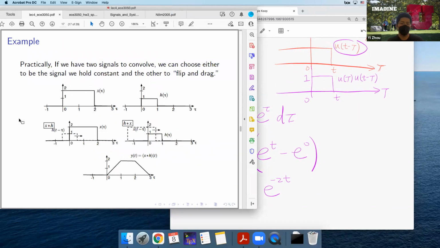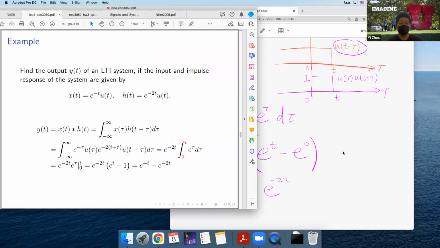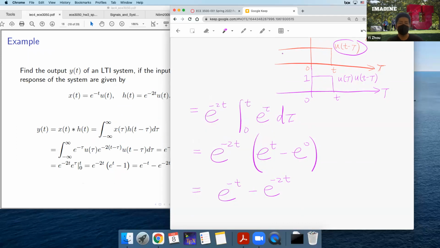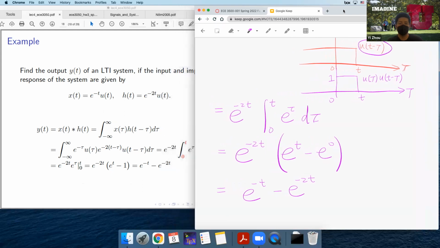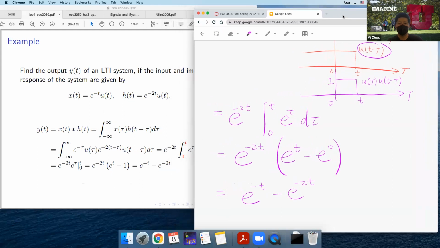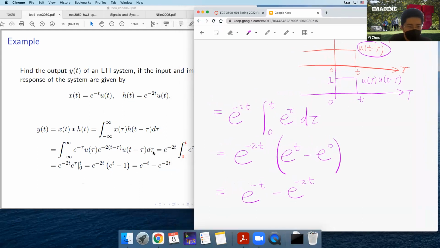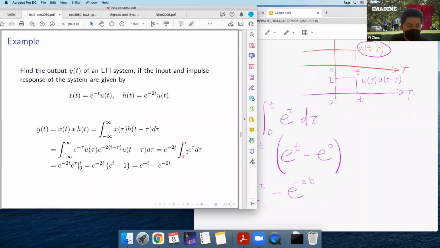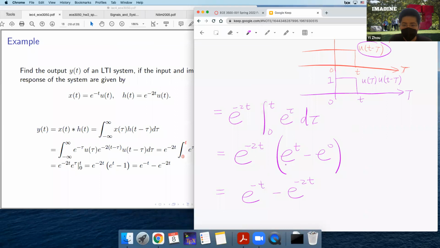Hold on, I think I missed a negative sign here, somehow. e negative t. Yeah, that's correct. That's correct.